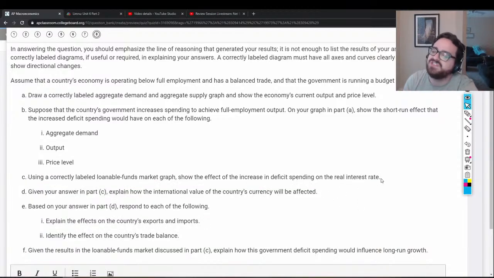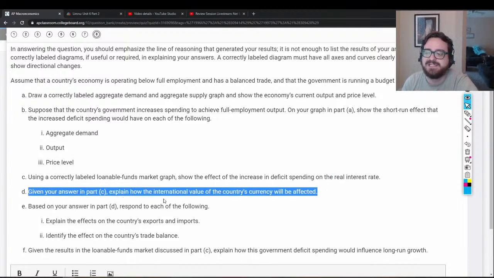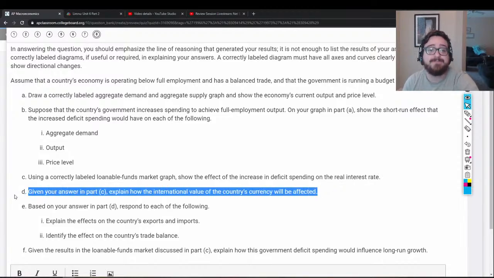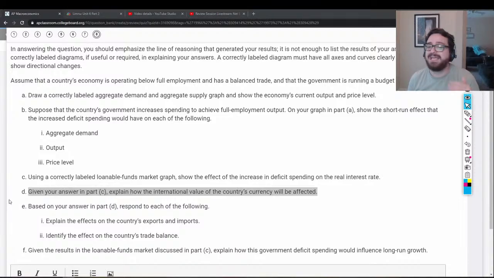If you said that real interest rate went down, all you have to do from there is answer D correctly based off what you put on C. So your answer to D should be the opposite of what I gave when interest rate went up. If interest rate goes down, your currency would depreciate because people wouldn't want to invest there. If you wrote that for D, you would get the point, because based off your answer in C, you actually did D right.